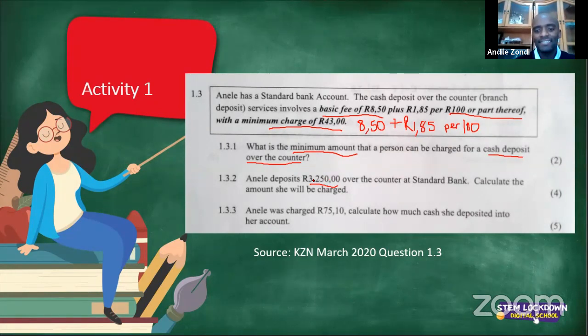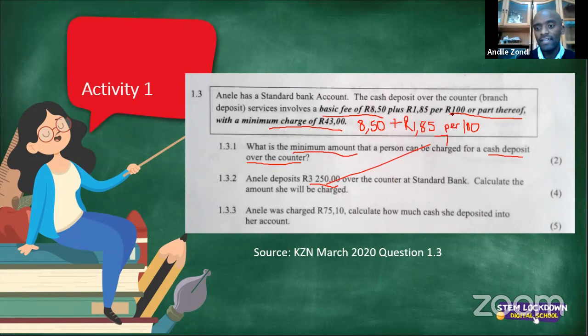Please try to do this question on your own while I'm explaining on this side. But here's a clue. For 3,250, you need to know how many 100 rands are in 3,250.